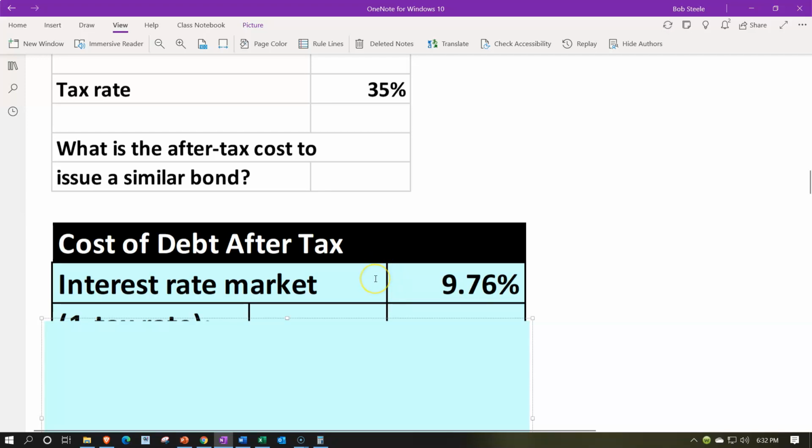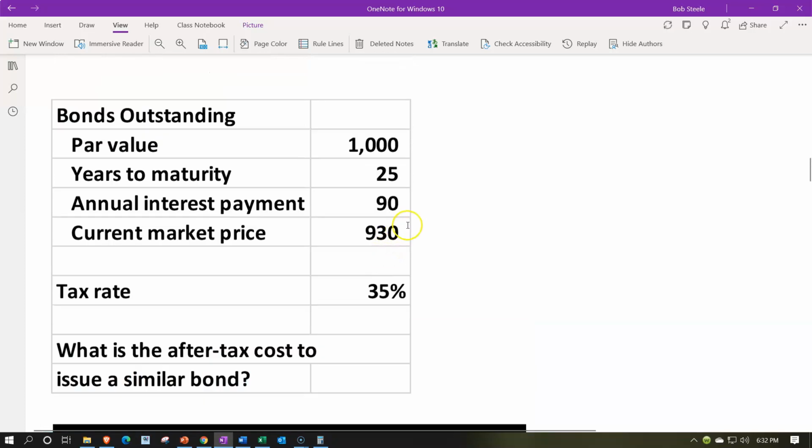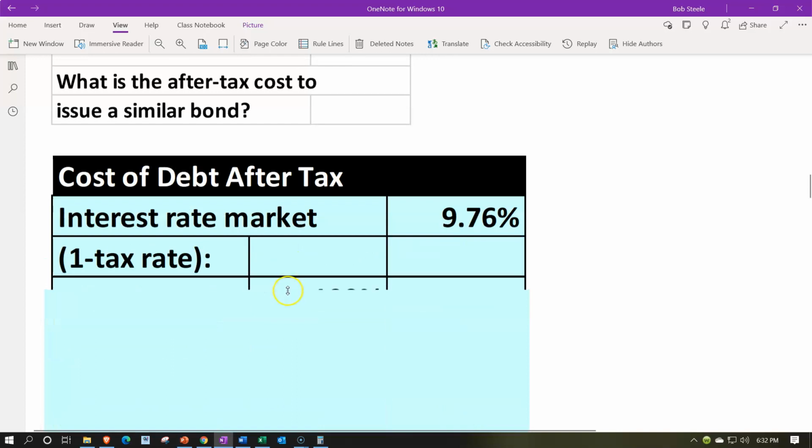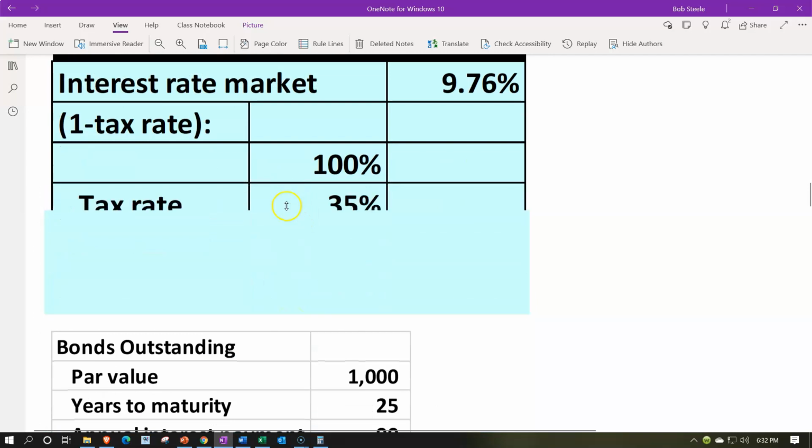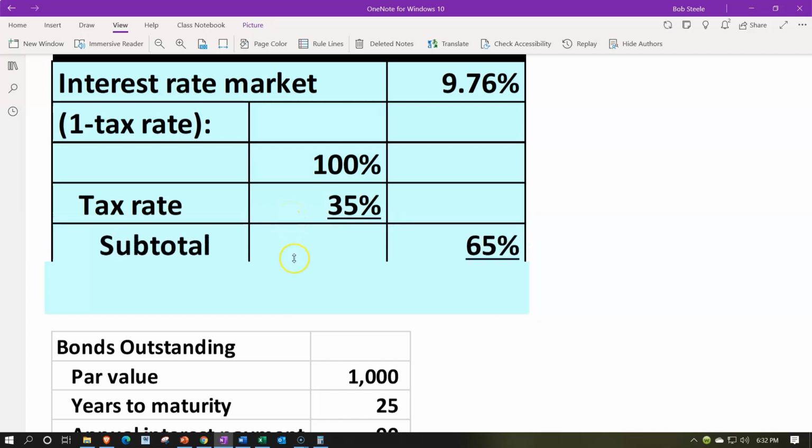That's going to be the 9.76 as opposed to the bond rate, which would be 9%, 90 divided by 1,000. Then we've got the 1 minus the tax rate, which was said to be 35%. So 1 minus 0.35 or 100% minus 35%, that will give us the 65%.